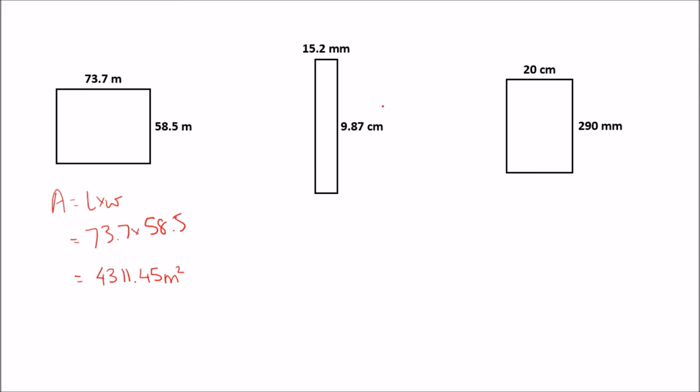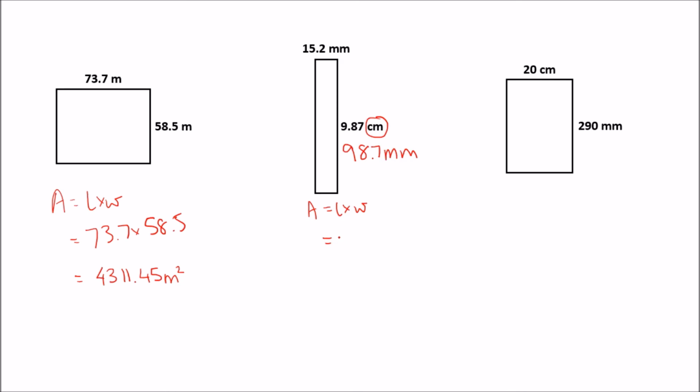When we get to this example, we've got millimetres here and centimetres here. So it's up to you which one you're going to change, but I'm going to change this one from centimetres to millimetres, and I know that I can just jump that decimal point over 1, so I've got 98.7 millimetres. So again, we've got our formula, length times width. Make sure you put the A out the front.